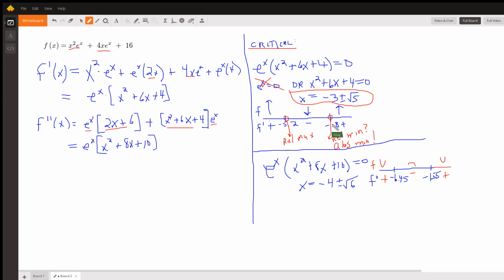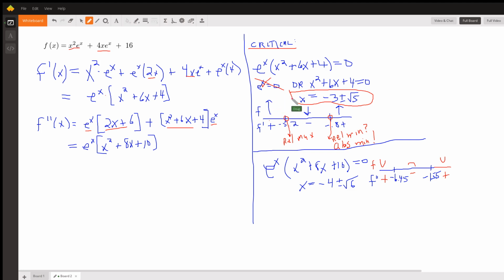Between -5.2 and -0.8 approximately, you could put in, I think I put in like a -4. Found that the first derivative was negative, so that means the tangent lines are going downhill. So the original function is decreasing, and similarly to the right of -3 plus the square root of 5, the first derivative is always positive, so the function is increasing.